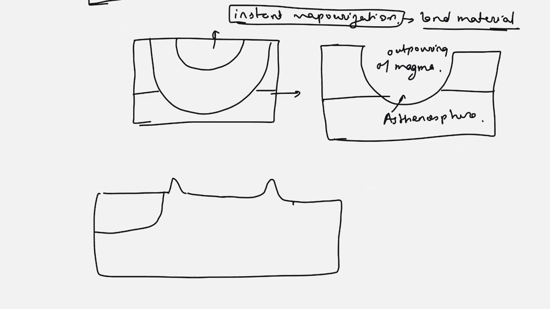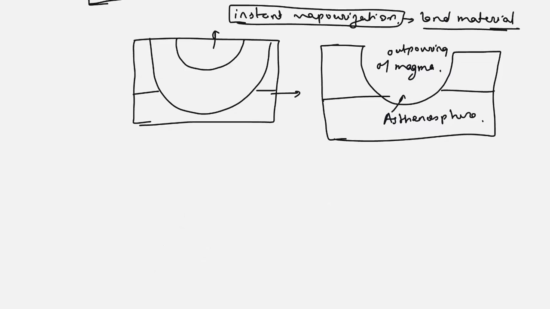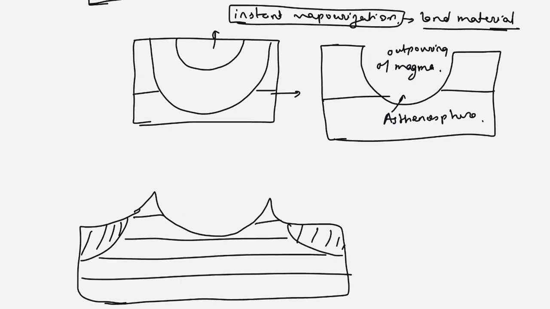I'll just make this a bit more precise. This will be the region consisting of the lithospheric part, and here we see that there is emplacement of magma, which is resulting in the formation of a crater.